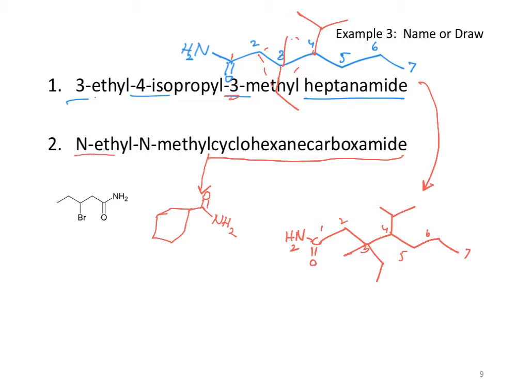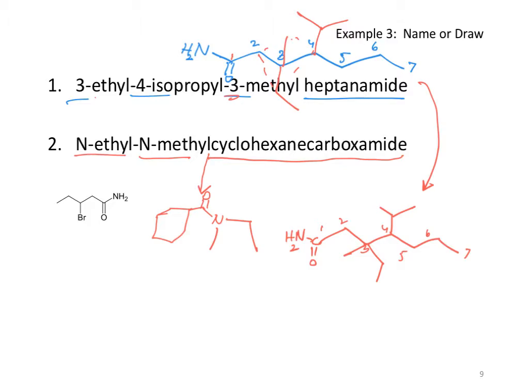But here it says that it's supposed to be N-ethyl N-methyl. That means it's a tertiary amide. It is not a primary amide. So I will have to make some adjustments. So I remove my H2. I'm going to put on that nitrogen a methyl group and an ethyl group. Notice the difference between this and the previous example, which was N,N-diethyl.